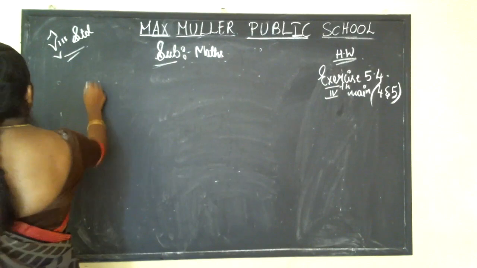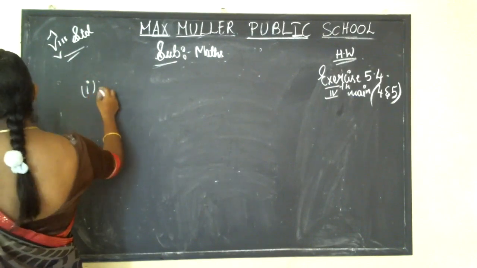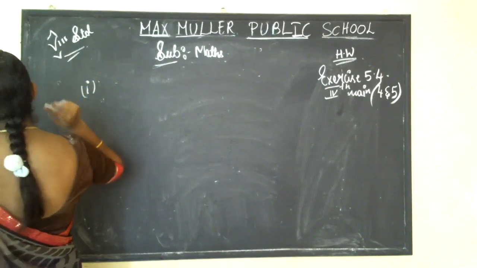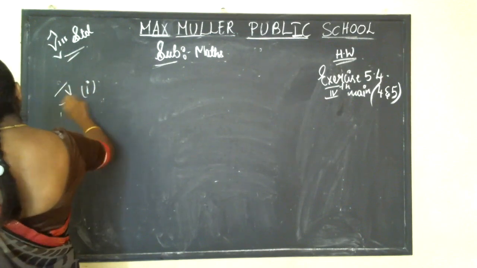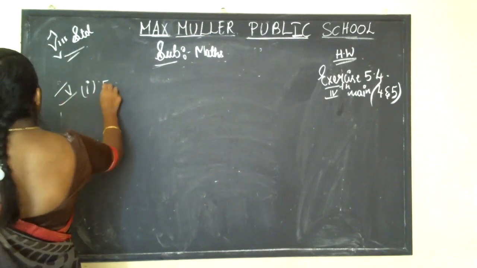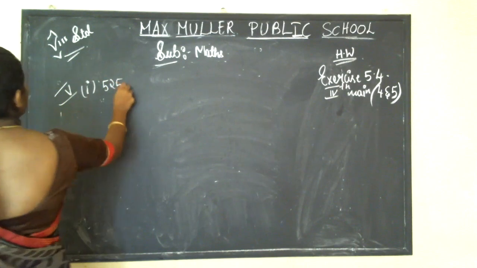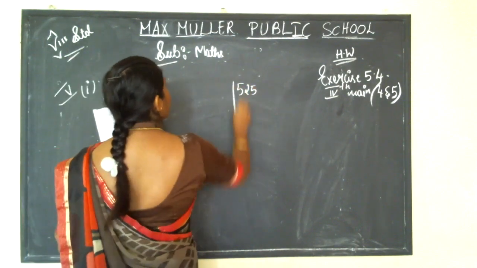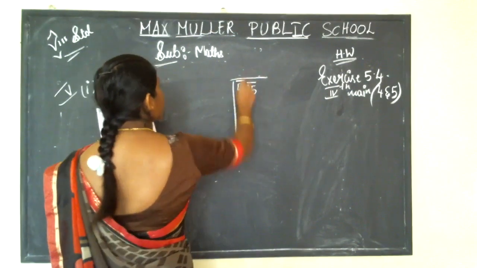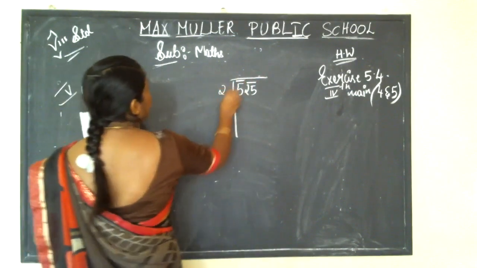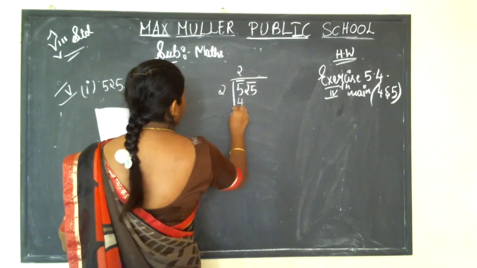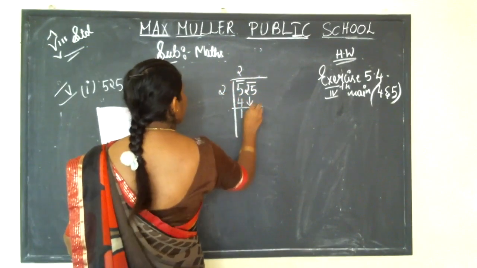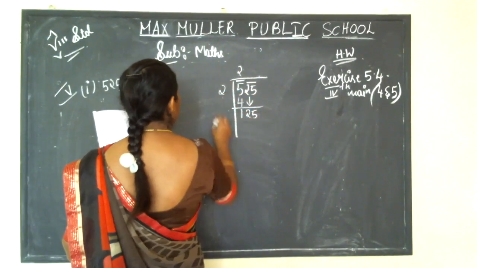See, your first number under exercise 5.4, fifth main, is 525. First you have to divide 525, so first group the digits. 2 2s are 4, remainder one, bring down both numbers, 25.